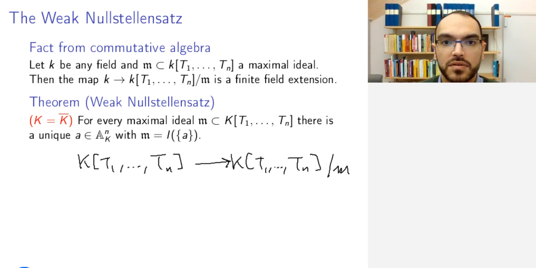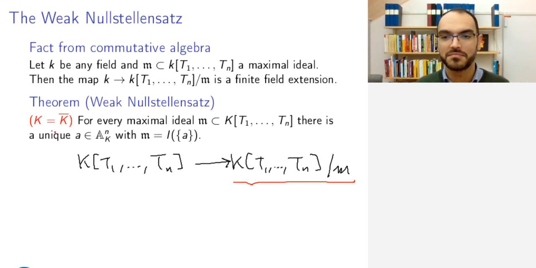Now, according to the fact from commutative algebra, this is a finite field extension. So it's an algebraic field extension of our algebraically closed field. So it has to be the field itself. An algebraically closed field, by definition, does not have any algebraic extensions other than itself. So this is isomorphic to the field.